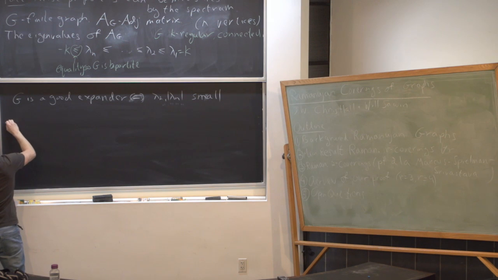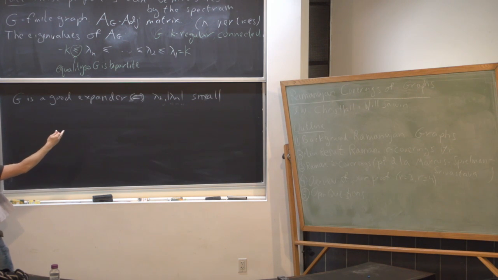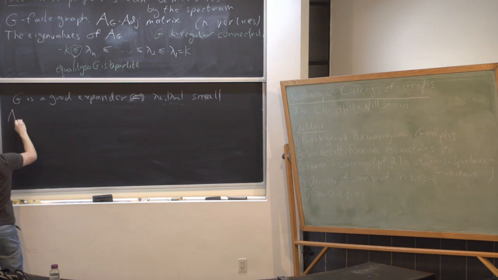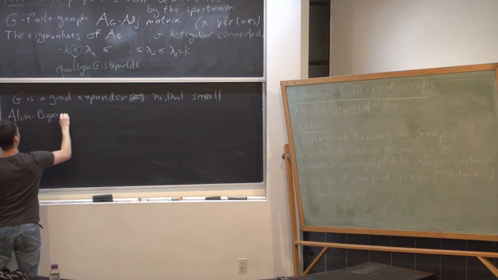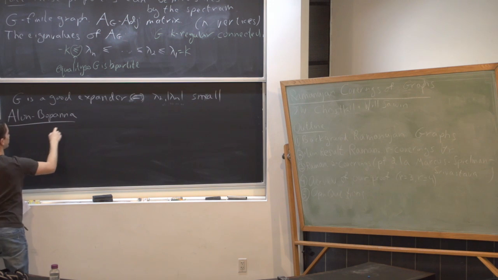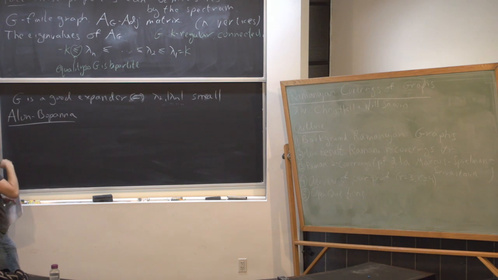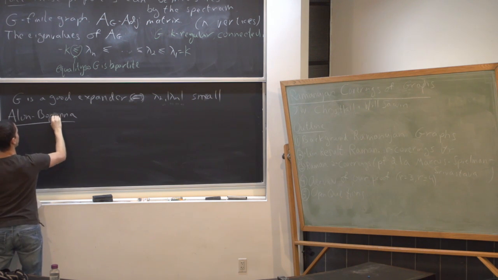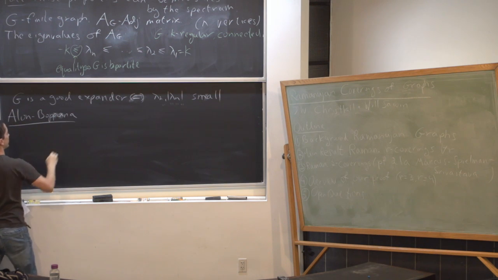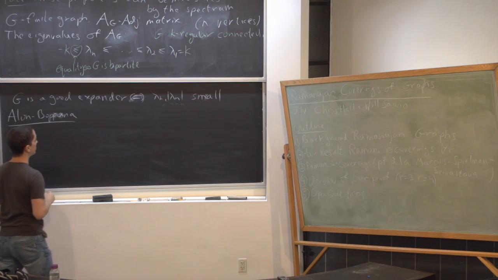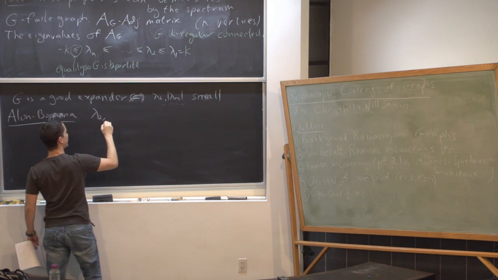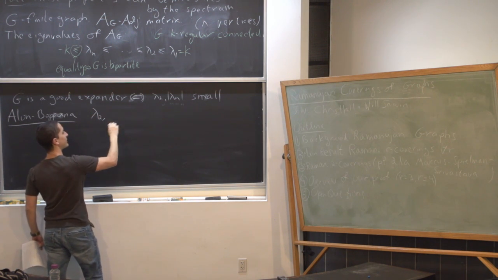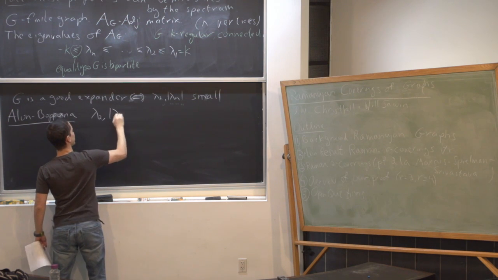Okay, so we want graphs to have lambda 2 and lambda n as small as possible, but there is a lower bound by Alon and Boppana.